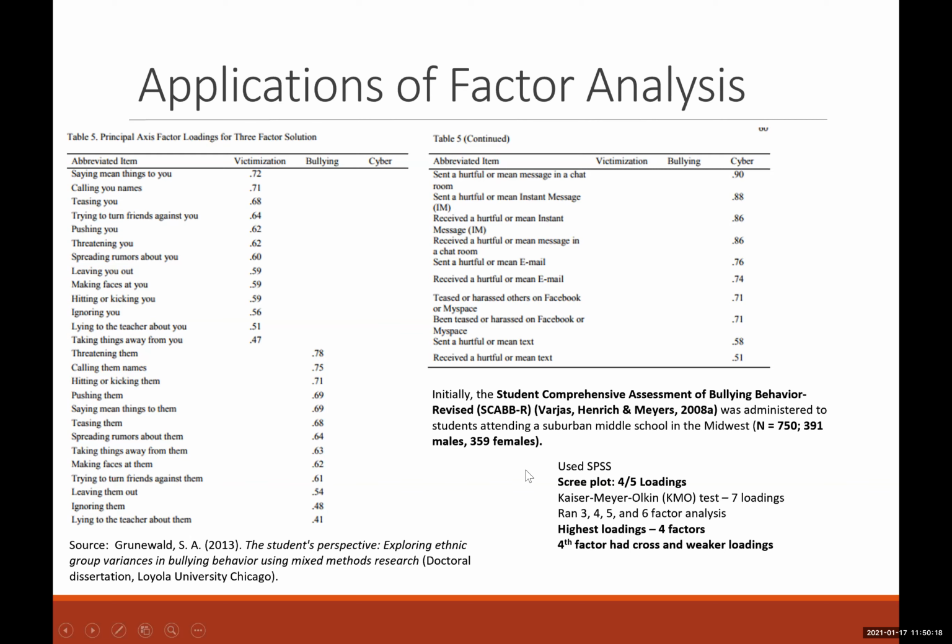Most of them were male, but it was relatively close to an even split of male and female students. They used a comprehensive assessment, which was validated previously, and then added questions on virtual or cyberbullying, because they wanted to see if there was a difference between physical, verbal, and cyberbullying.